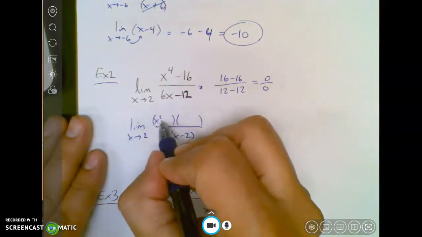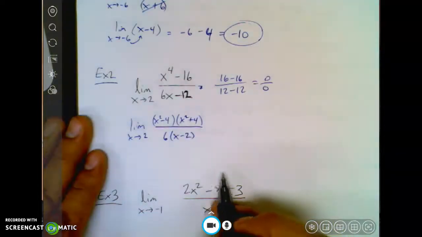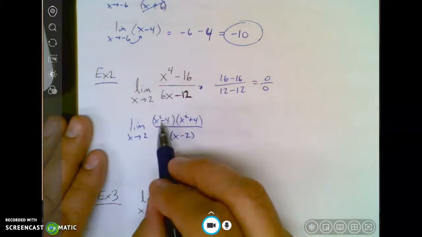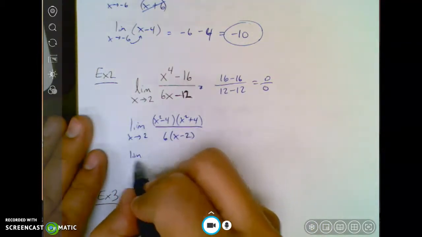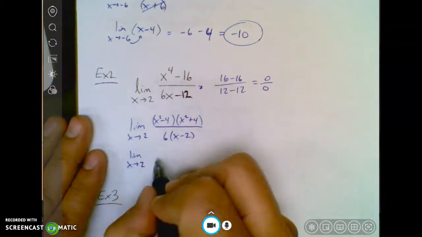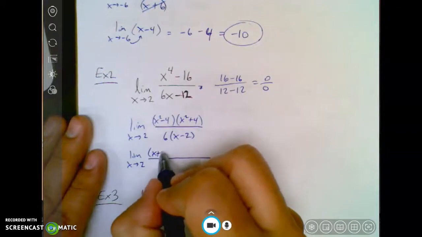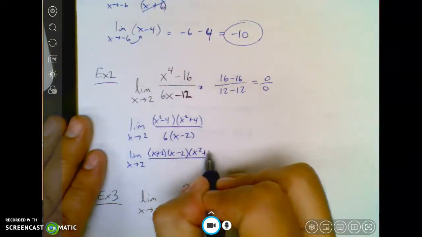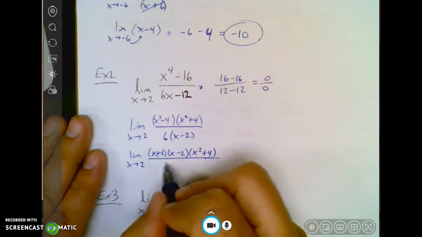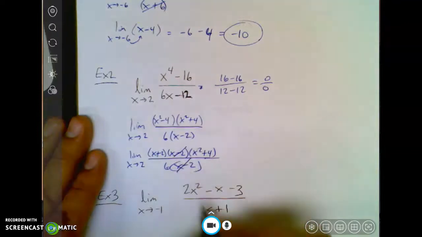And then this guy factors further. That guy does. This one doesn't because it's a plus sign. But the other one keeps going. So x squared minus 4 is x plus 2 and x minus 2. This is just good factoring. Let's see, those cancel.